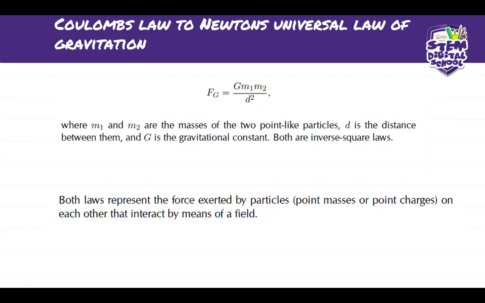So both are inverse square laws if you check them, the universal law of gravitation and Coulomb's law of forces. Okay. So both laws represent the force exerted by point masses or point charges on each other that interact by means of a field. Okay, I hope that makes sense.